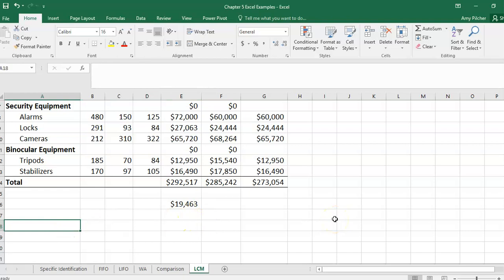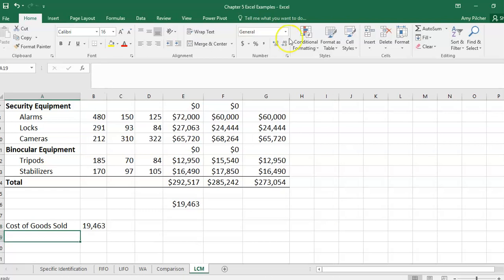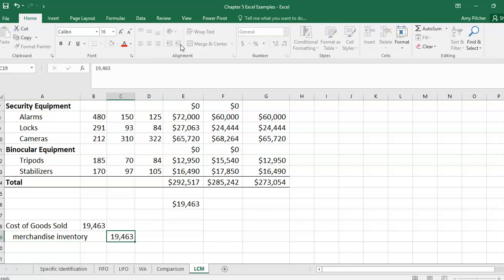So we would then have a journal entry where we would debit cost of goods sold for $19,463 and credit merchandise inventory for $19,463.